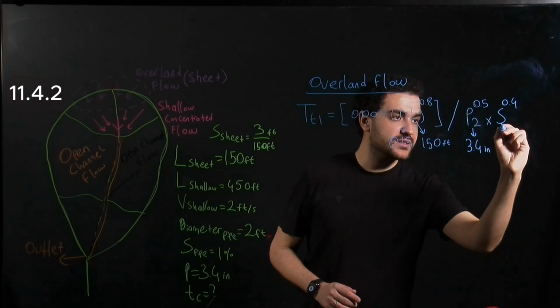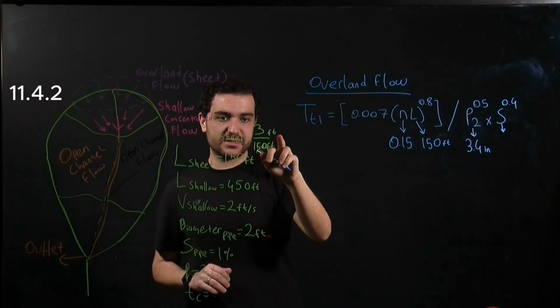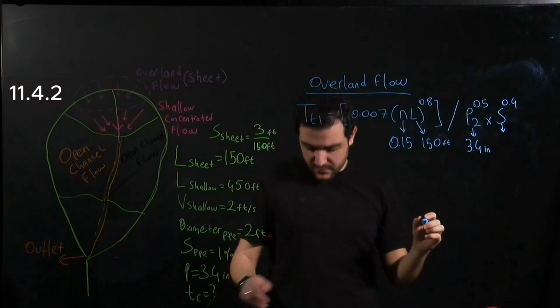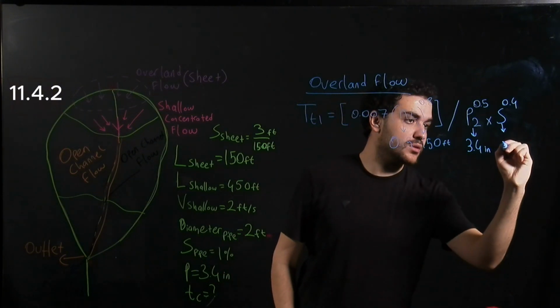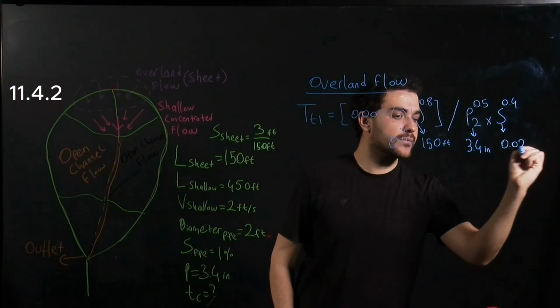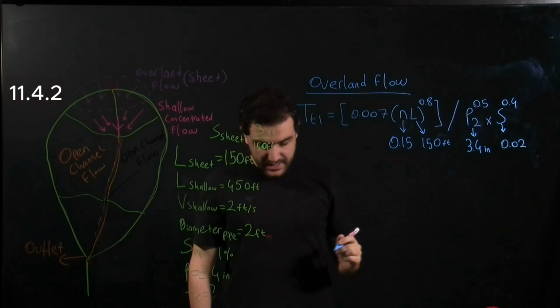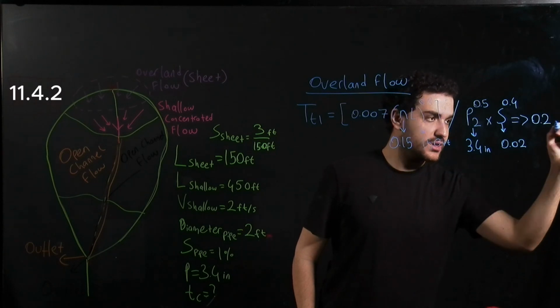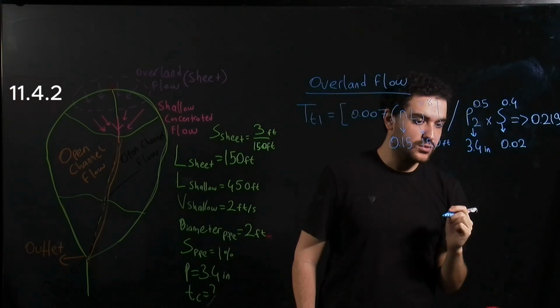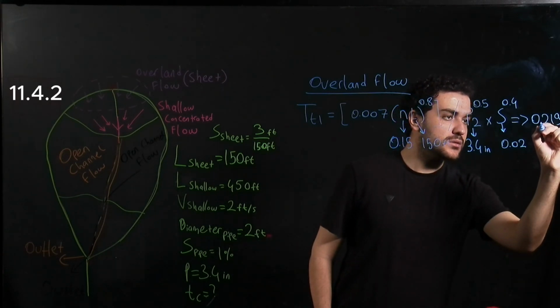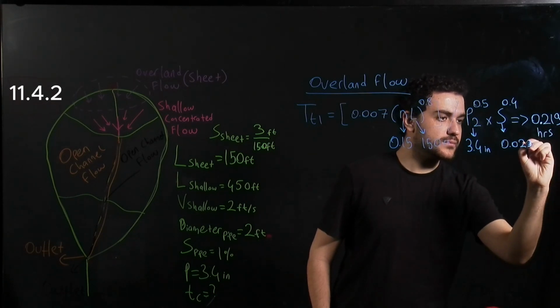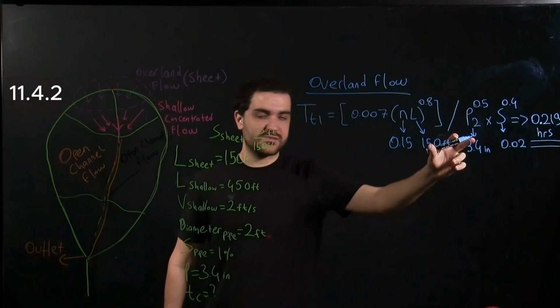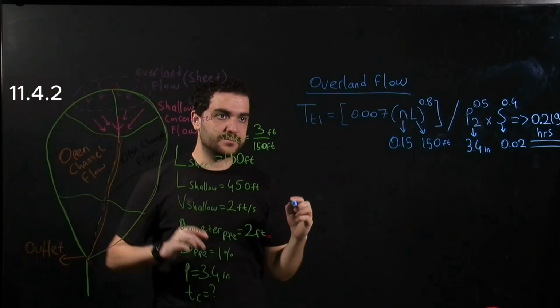And we have a slope of 3 over 150, which gives 0.02. From here, we get 0.219 hours. So this is the travel time for the overland flow.